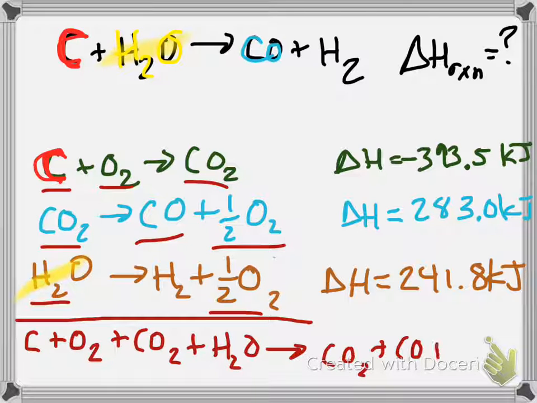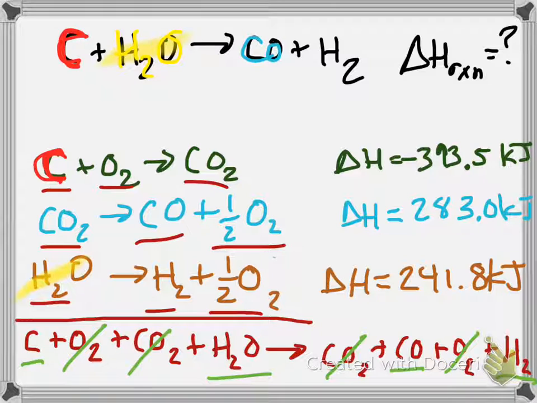So I'm going to combine those oxygens, and that'll just be 1 oxygen plus H2. And when we look at this reaction, I want you to notice that there is carbon dioxide as a reactant and carbon dioxide as a product, so we can cross those off. There is oxygen as a reactant and oxygen as a product. So what we are left with is carbon plus water becomes carbon monoxide plus hydrogen gas.